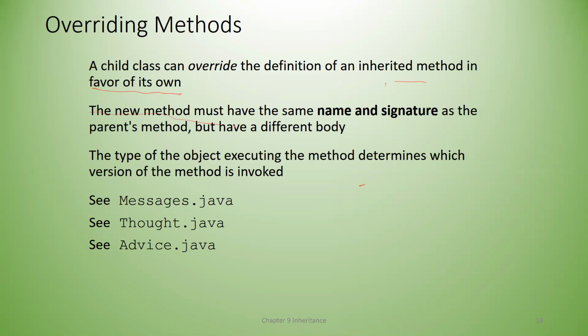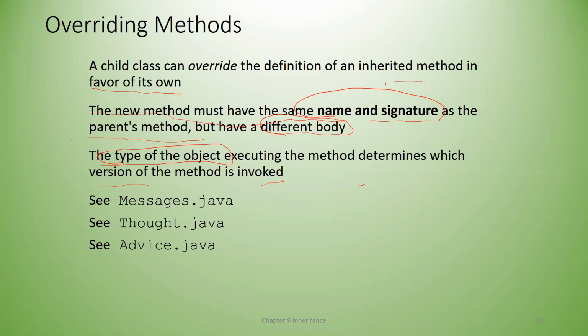The new method must have the same name and signature as the parent's method, but have a different body. The type of the object executing the method determines which version of the method is invoked. The type of the object, okay?